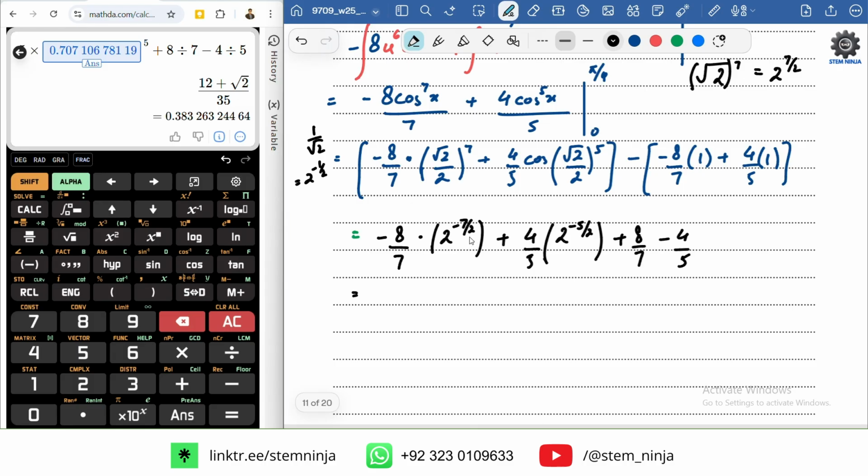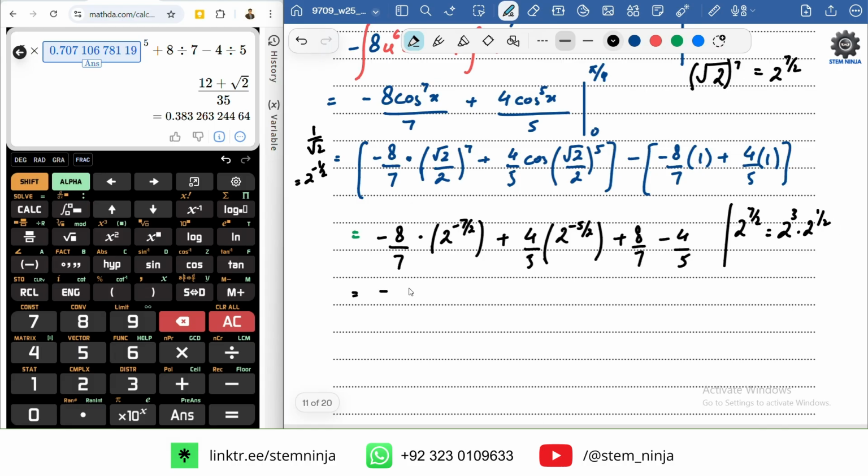Furthermore, 2 raised to power 7 is 128 and 2 raised to power 5 is 32. And 7 over 2 can also be written as 3.5. So 2 raised to power 7 over 2 can also be written as 2 raised to power 3 times 2 raised to power 1 over 2, so 8 root 2.